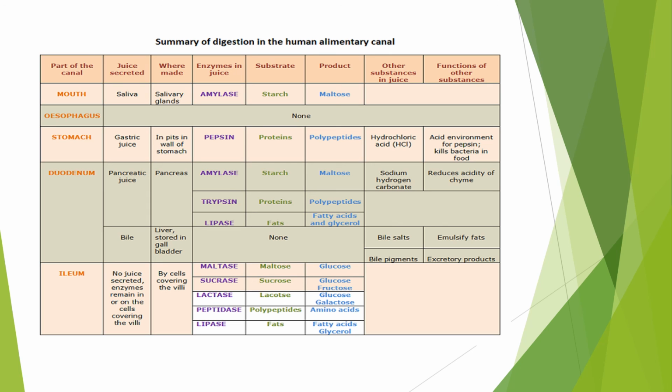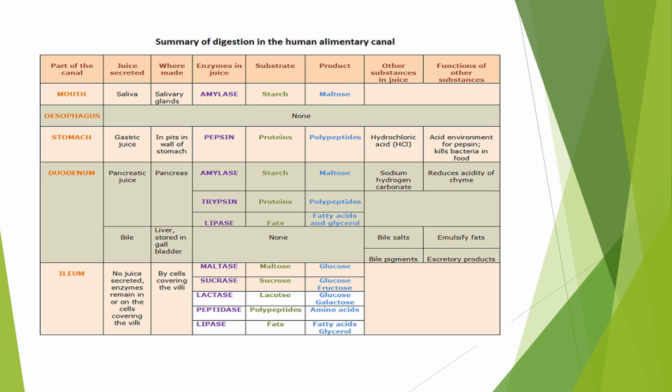Then the duodenum secretes two juices, pancreatic juice and bile. Pancreatic juice is made in the pancreas, whereas bile is made in the liver and stored in the gallbladder. Pancreatic juice consists of amylase, trypsin and lipase. Amylase acts on starch to break it down into maltose. Trypsin acts on proteins to break them into polypeptides.